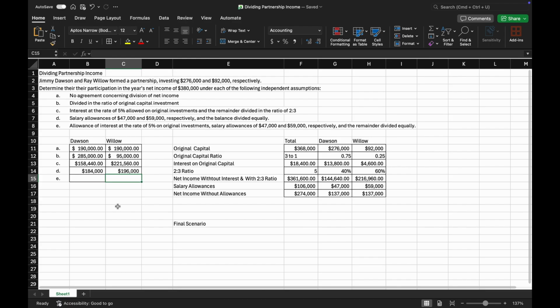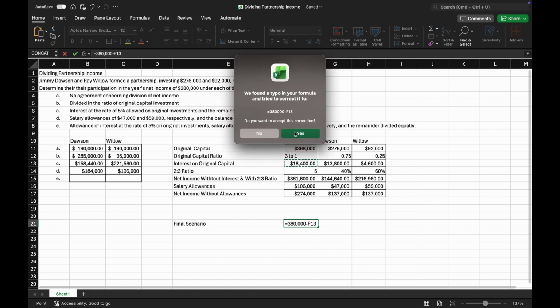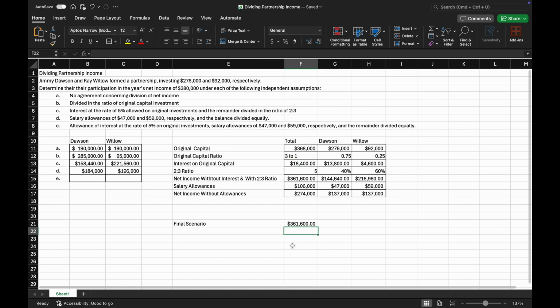Now for E, we're putting everything together. First, we must take out the interest on the original investments. Luckily, we already know the total interest because we did it earlier. So, $380,000 minus $18,400 of total interest comes out to $361,600.